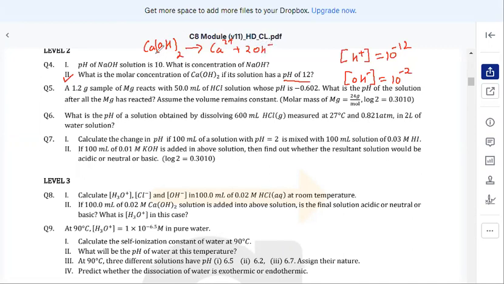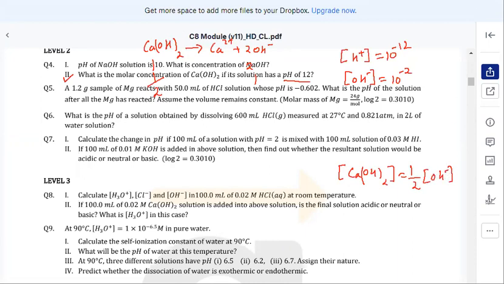It means 1 mole of Ca(OH)2 gives 2 moles of OH minus, so 1 mole of OH minus will give half a mole of Ca(OH)2. So the concentration of Ca(OH)2 is half of the concentration of OH minus.